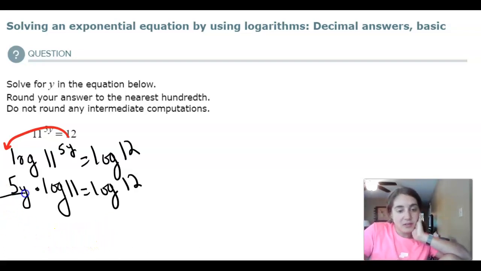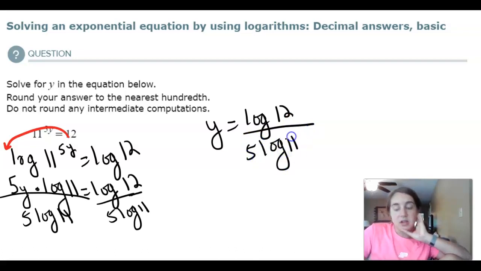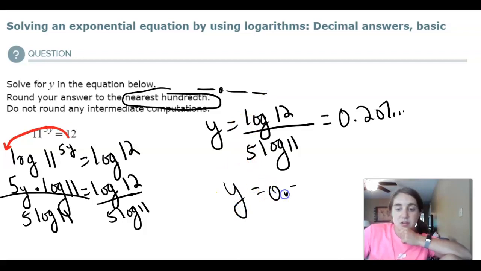I can divide by everything but y, so divide by 5 log 11. And then when I put that in a calculator, I get 0.207. It asked me to round to the nearest hundredths, so that's 2 decimals. So I'd round to 0.21.